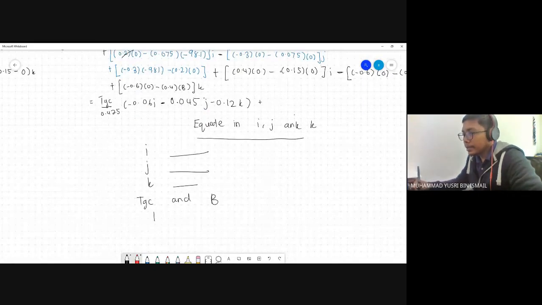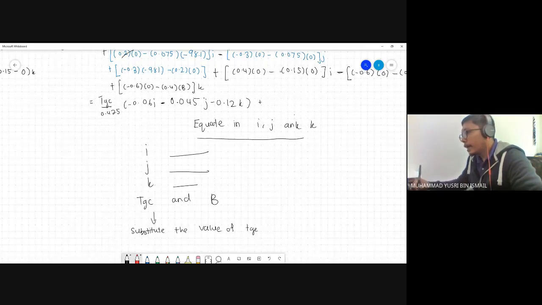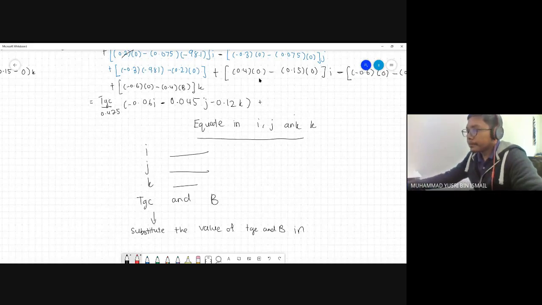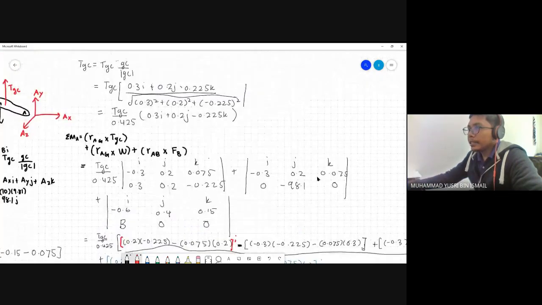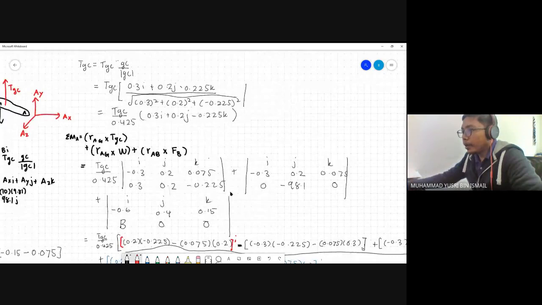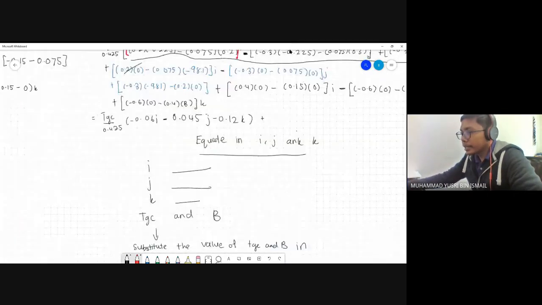Next is substitute the value of TGC and B in this equation, in all of the forces equation.